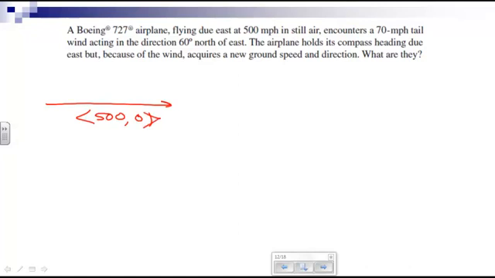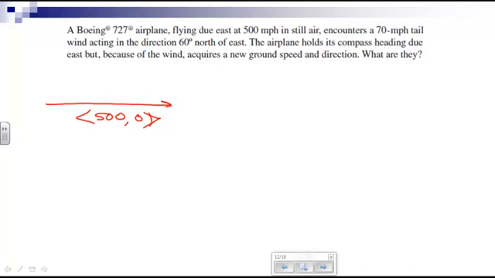Isn't that a vector that's going due east with a magnitude of 500? I could represent the wind that it's flying in, which is 70 miles an hour coming 60 degrees from the east, Mr. Meteorologist.